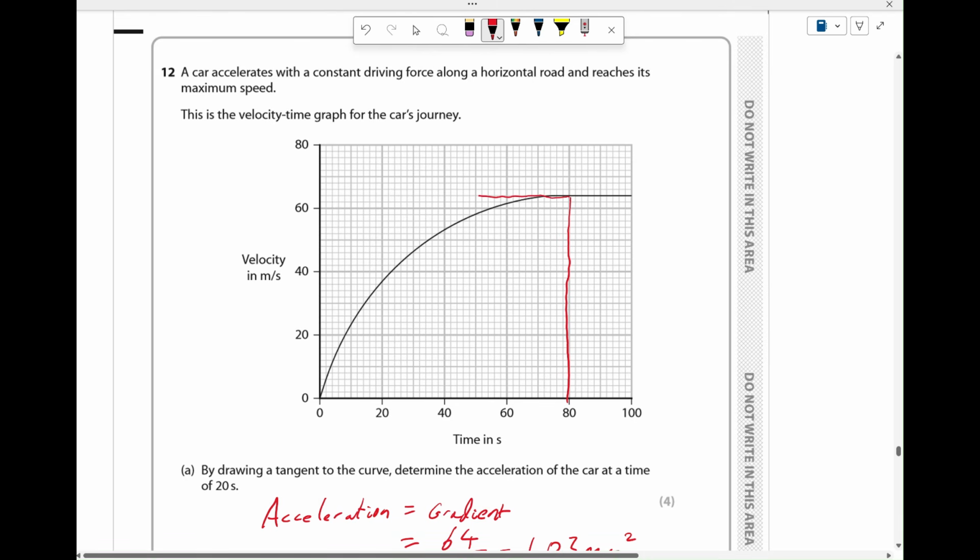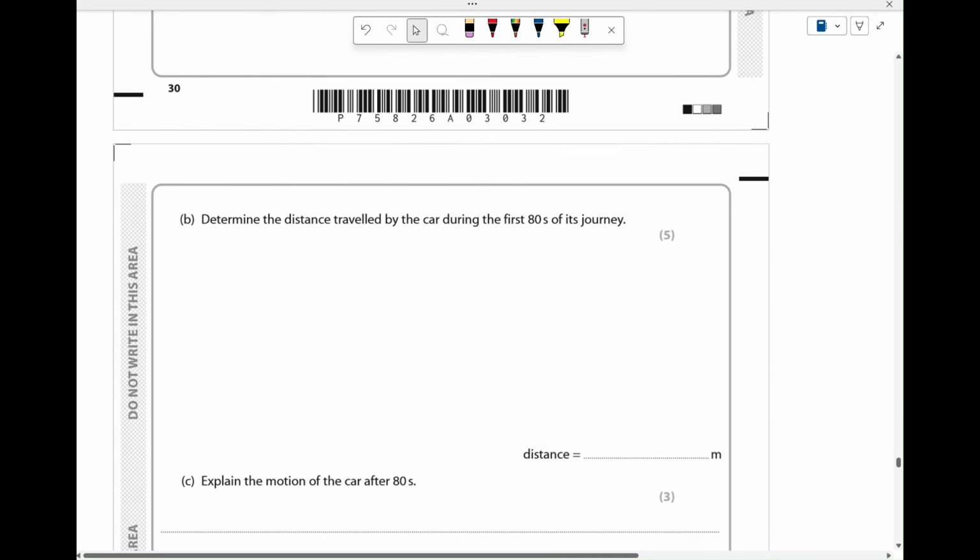If I just try and do that, is that roughly the same? Just a little bit less than that. Try and do something like that. Okay, sorry, what am I actually doing?